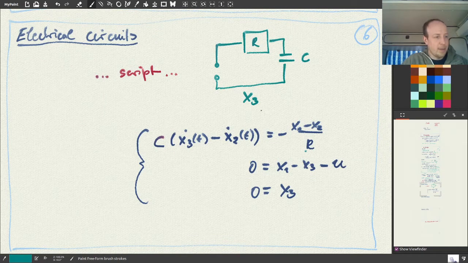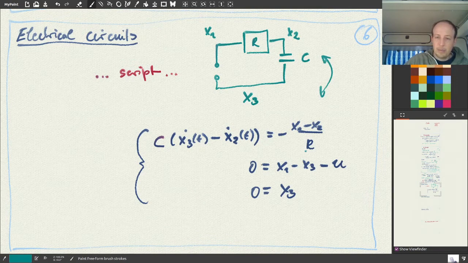It's formulated in the potential. So x3 is a potential, x1 is a potential, and here's the potential that you will observe on x in this part. That's the model for the circuit.